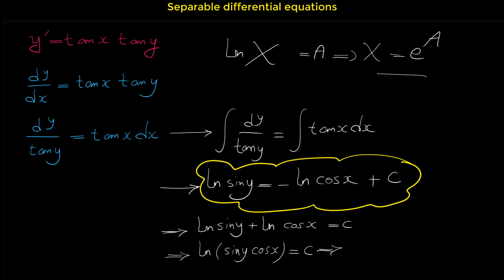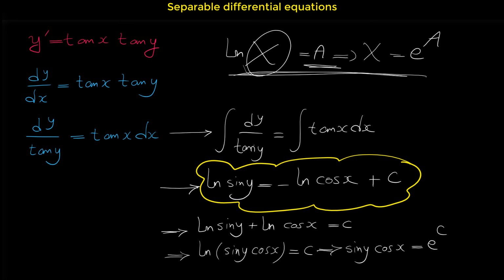So here, if we use this rule, we can write this in the form of sine of y times cosine of x is equal to e to the power of c. In this way, we can get rid of this ln. So when we have ln of something equals a, that expression equals e to the power of a.